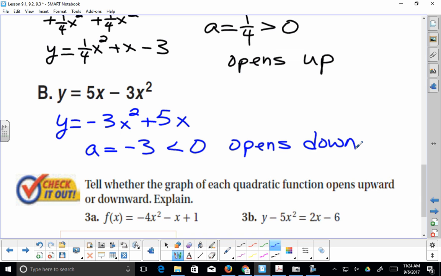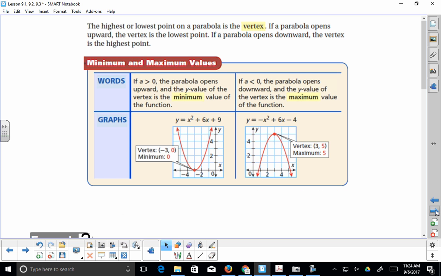All right, so make sure you are clear about that. So it's got to be written y equals for you to determine that. Okay. All right. The highest or lowest point on the parabola is called the vertex. The vertex has an x-coordinate and a y-coordinate because it's an actual point.